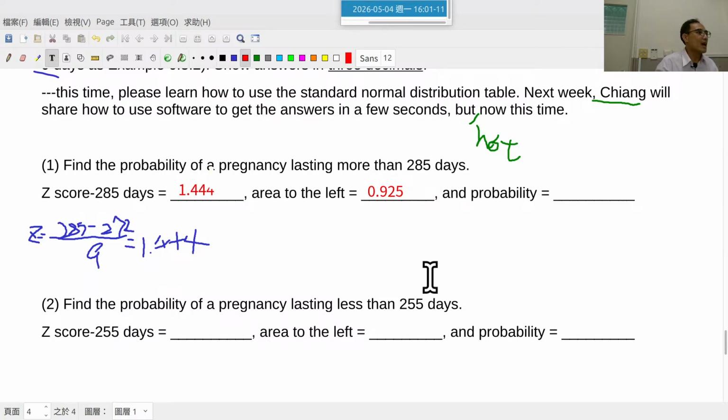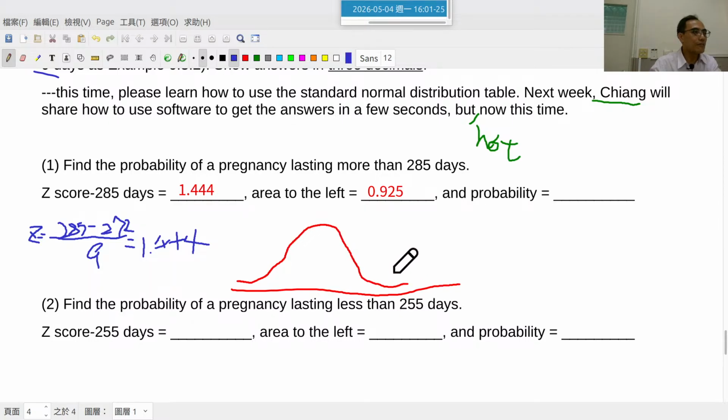If we have a diagram like this one, and 285 days is here, and the area 0.925 is here.